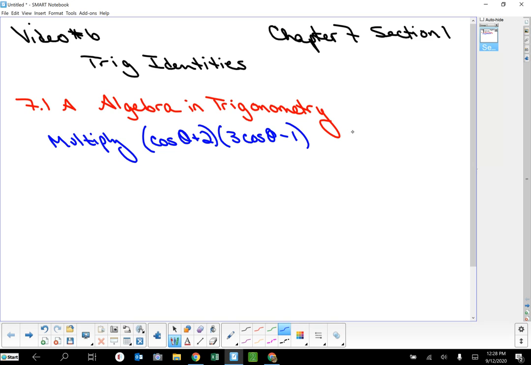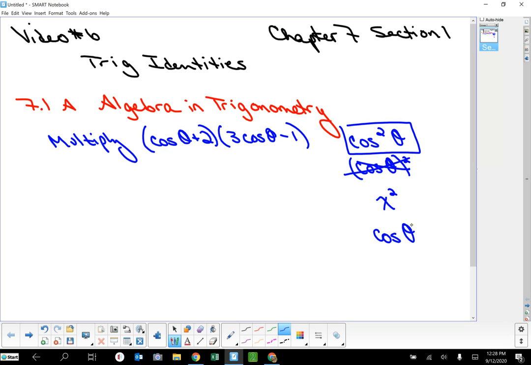And I don't know if this came up before, but if you see cosine squared theta, that's the same as, in your mind, cosine theta squared, like x squared, but the squared goes in between the cosine and the theta. So you want to write it that way, not the other ways, because those would indicate that only the theta is squared, not the cosine.